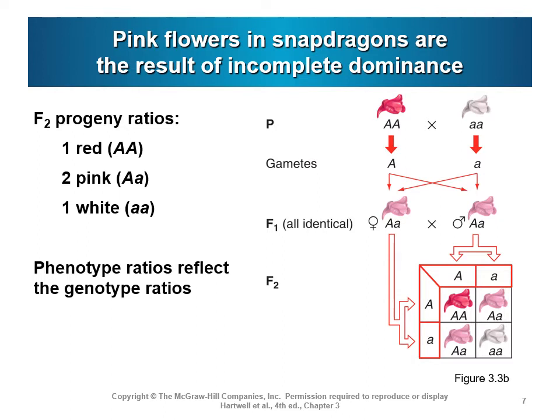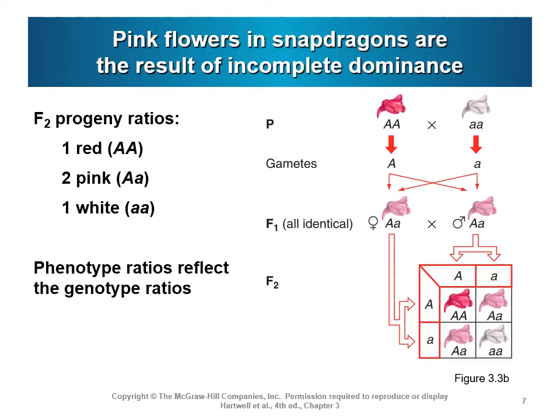The interesting genetic composition shows up further on in the progeny, F2. In F2, we see the reappearance of both red and white colors in roughly the ratio of 1 red to 2 pink to 1 white.